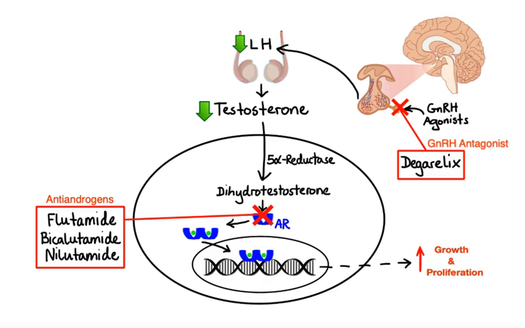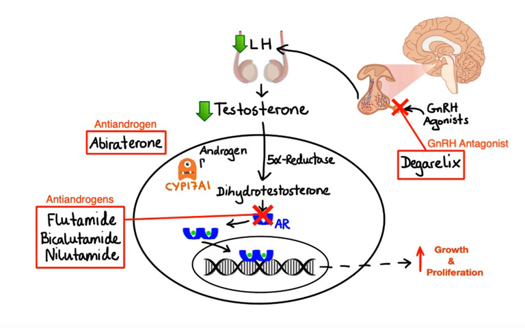Now, the last treatment option usually reserved for prostate cancer that is not responding to the androgen deprivation therapies that we have discussed so far is a drug called abiraterone. The target of this drug is an enzyme called cytochrome P450 17-alpha hydroxylase, CYP17A1 for short, which is expressed in testicular, adrenal, and prostate cancer cells, and is responsible for the conversion of androgen precursors to testosterone.